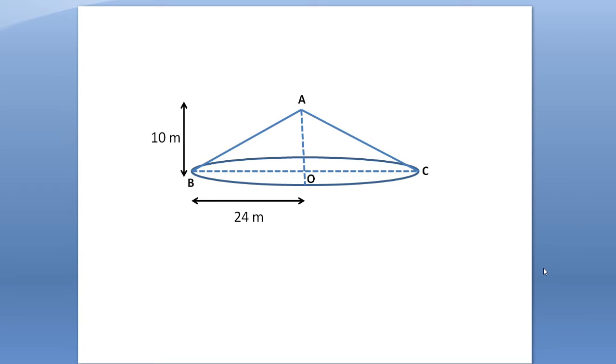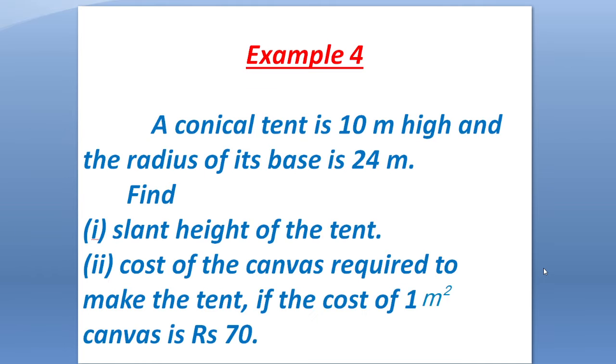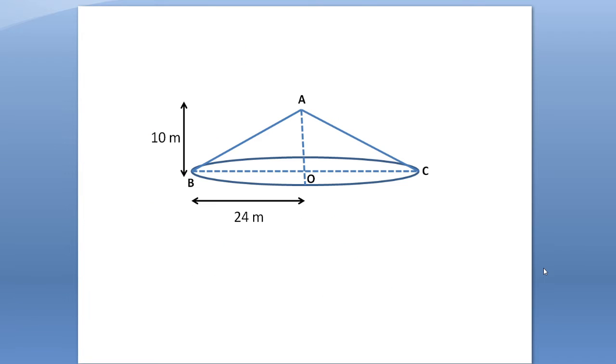See here, a tent with radius 24 meter and height 10 meter. So the height is 10 meter and we have to find the slant height.